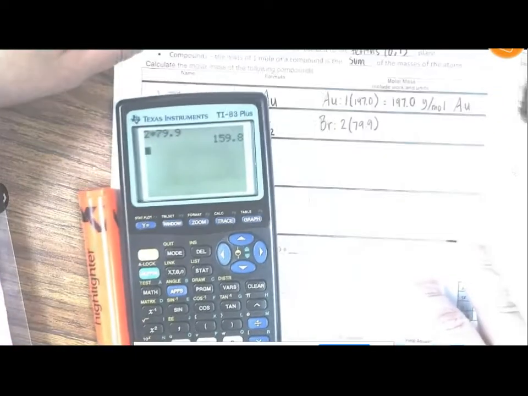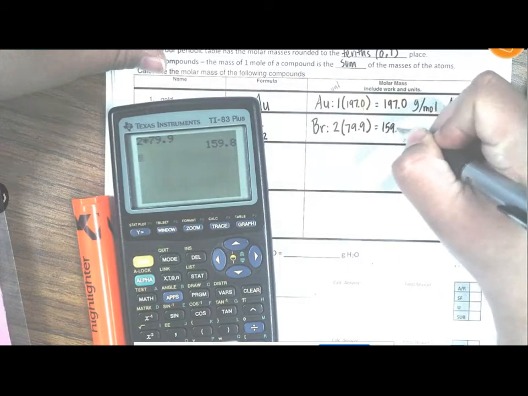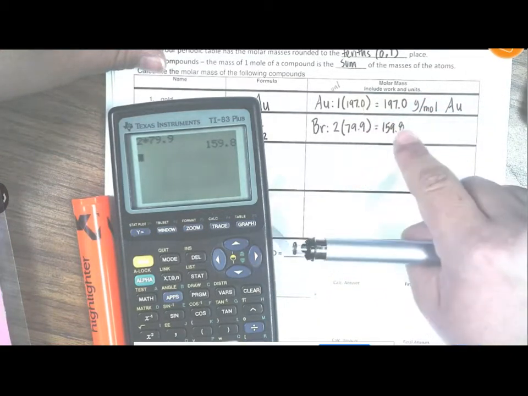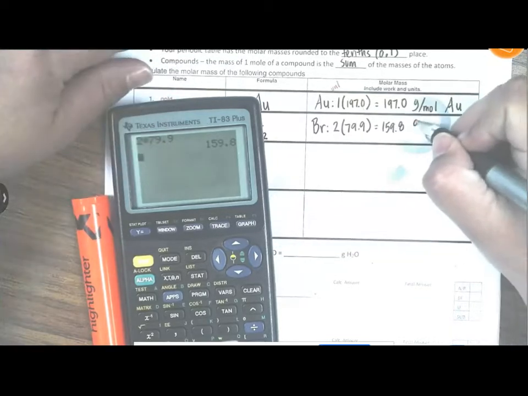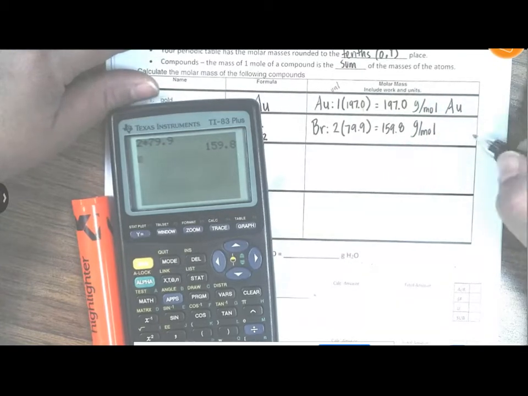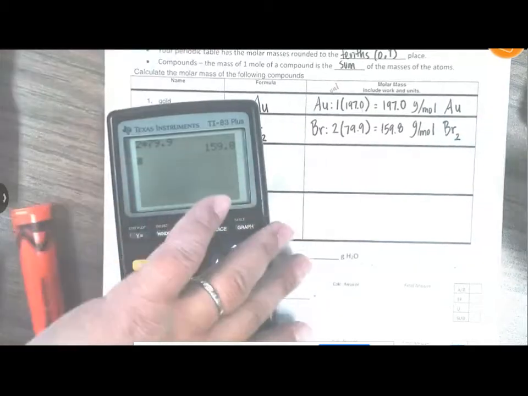I have 159.8. Does that round into one decimal place? Yes. So then now my unit is going to be grams per mole, because that is the unit for when I'm calculating molar mass of the substance Br subscript 2.